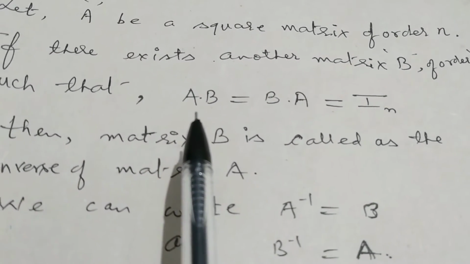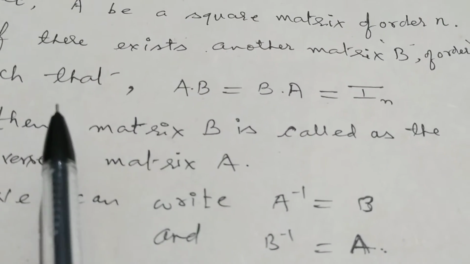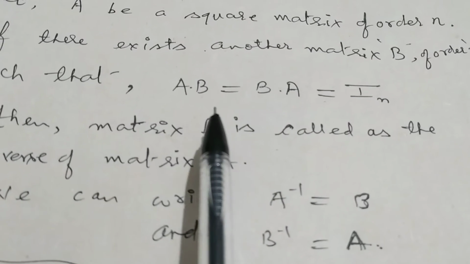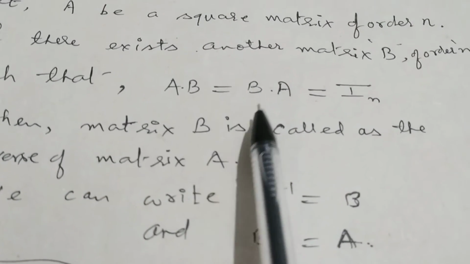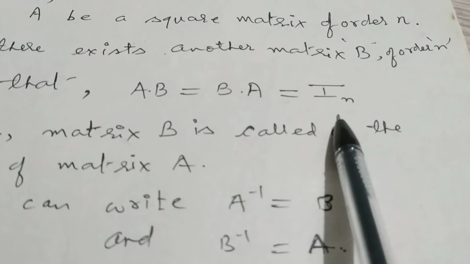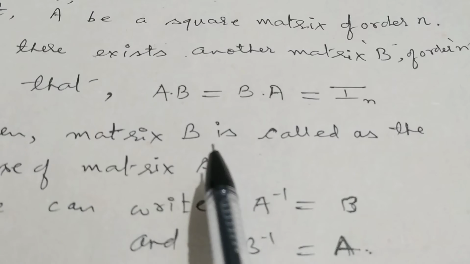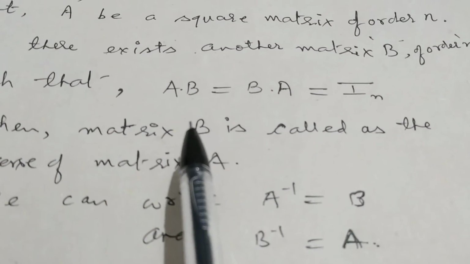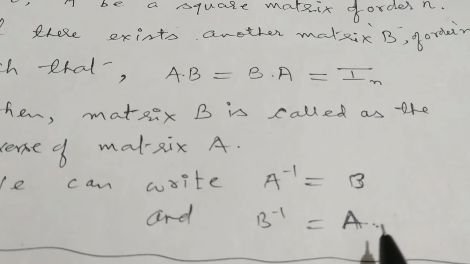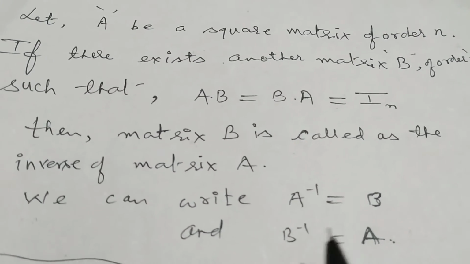So we can define it like this: A and B are non-singular matrices such that A dot B equals B dot A equals I, the identity matrix. Then we call A and B invertible matrices, or we can say that A is the inverse of B and B is the inverse of A. Hence A and B are inverses of each other.